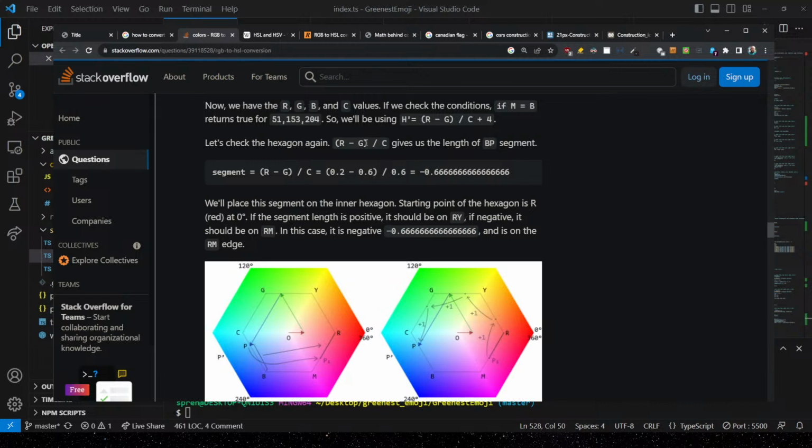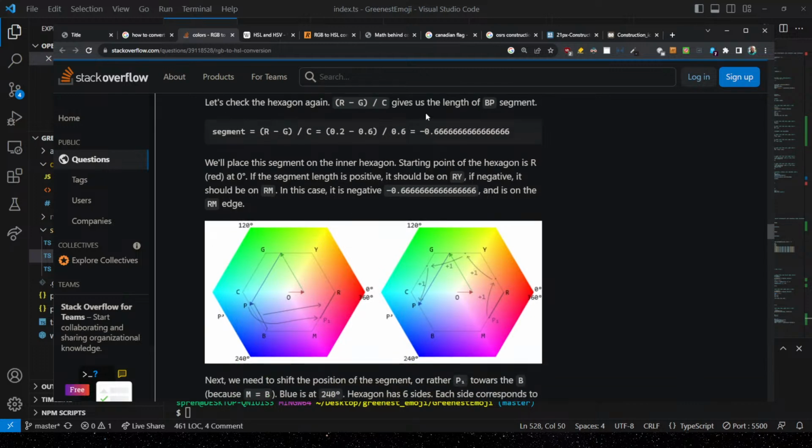Check the hexagon again. They're claiming that R minus G over C, there's a plus 4. R minus G over C gives us the length of the BP segment, B to P. Okay, so this magical segment which they made up.